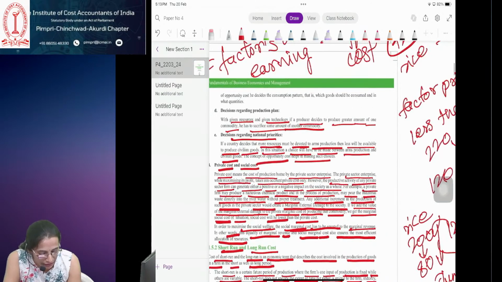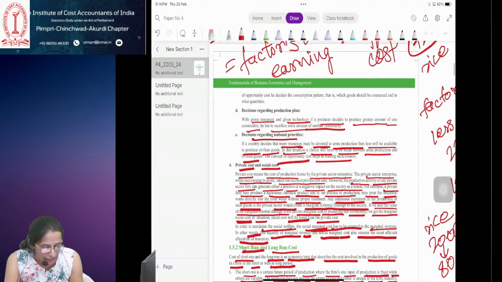If a country decides that more resources will be devoted to arms production, what will happen? Other production will be less, right? Then less will be available to produce civilian goods. In this situation, a choice will have to be made between arms production and civilian goods. The concept of opportunity cost helps in making such choices.